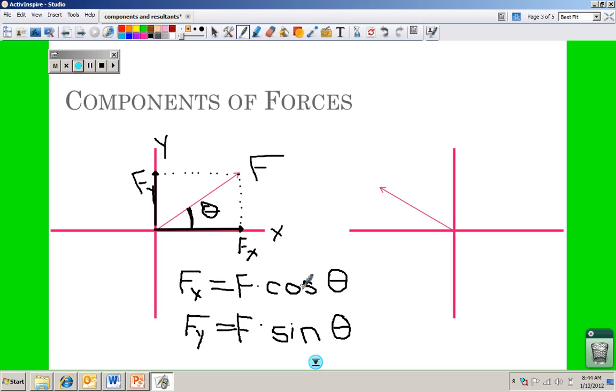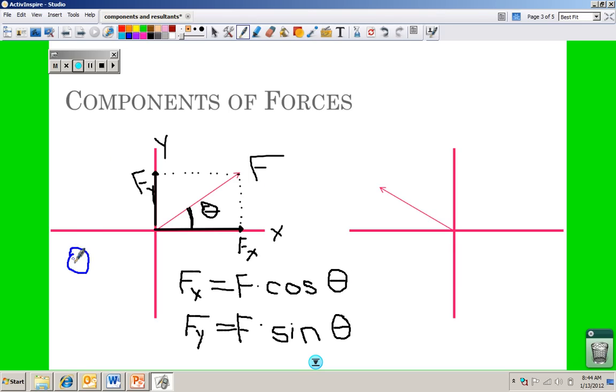Alright, now this is only true when this angle theta is measured from the x-axis. Alright, so don't forget that.